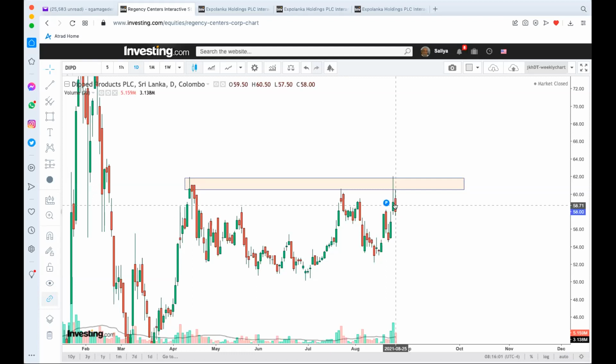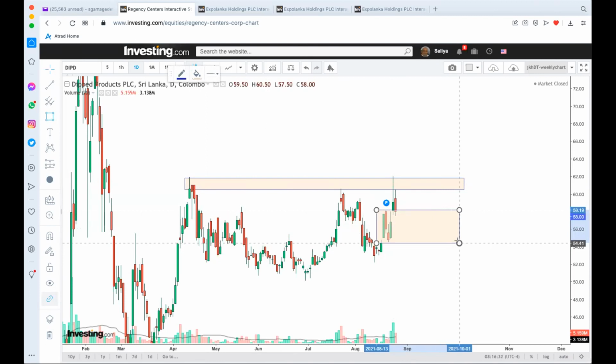Just for a few minutes it came down below the low of 57.60, to 57.50, but otherwise it stayed there. Unfortunately, it closed lower. It opened high and closed low. So that is opening up the range between this low at 54.50 to this area of 58.20. So basically, you have to watch this area.